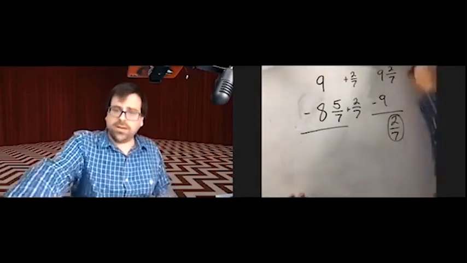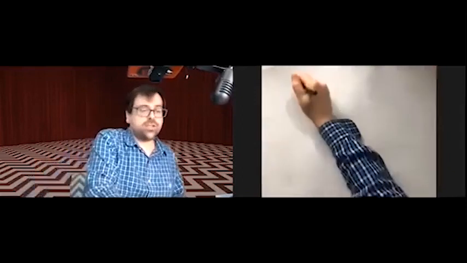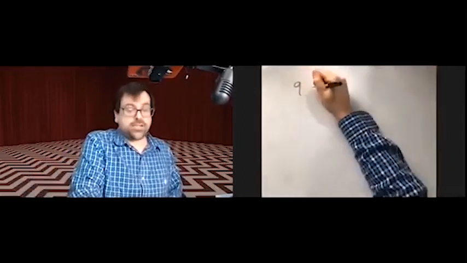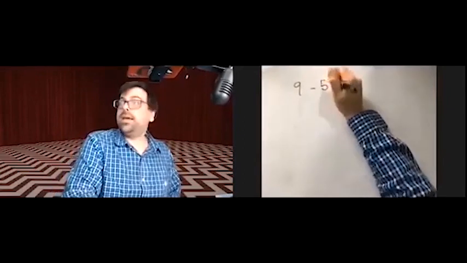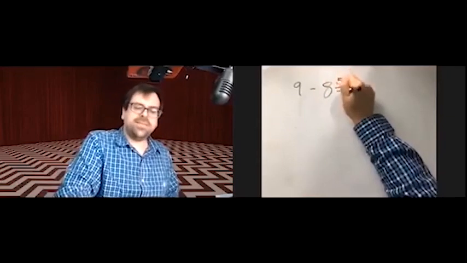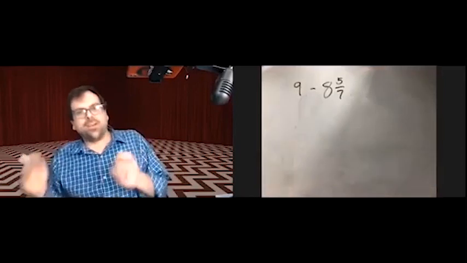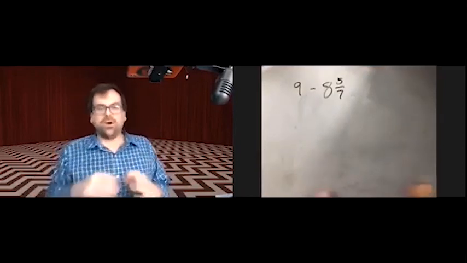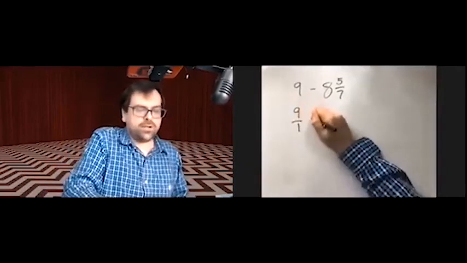The complicated way to do every one of these is just to turn it into improper fractions and do all your work that way. Again, it's longer, but you don't have to worry about any tricks or any borrowing. It's just straightforward. This is 9/1.